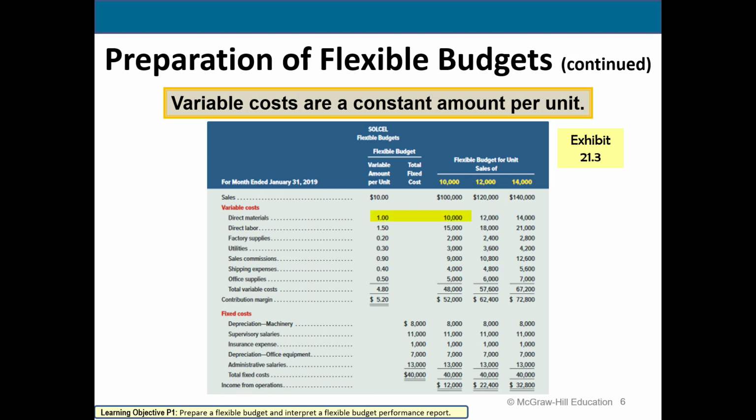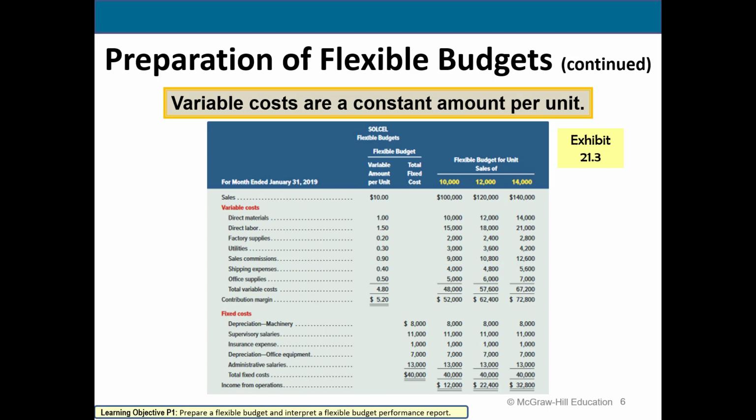The direct materials are $1 per unit, so multiplying 10,000 times $1 gives us $10,000 in cost for direct materials. And then following over to the 12,000 column, $1 times 12,000 is $12,000. So you will follow this for each of the variable costs.